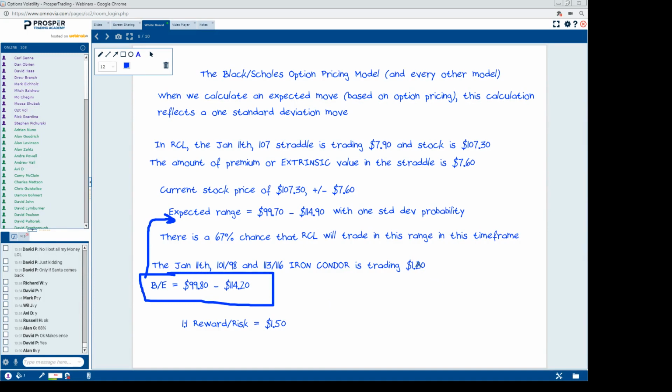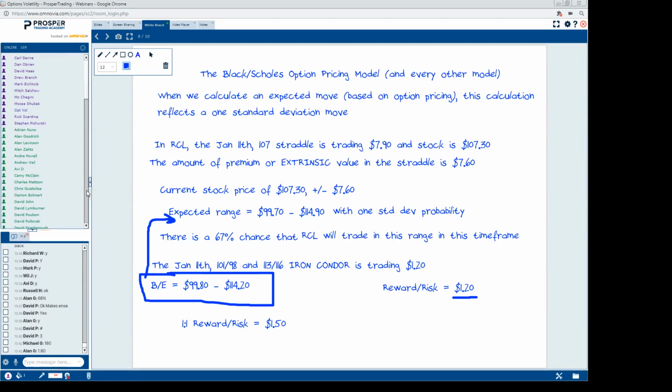Okay, so the current reward to risk, if we only collected $1.20, is $1.20 divided by what is our risk? Yep. No, David, the maximum value of the spread is $3, regardless whether the stock goes to 500 or 0.